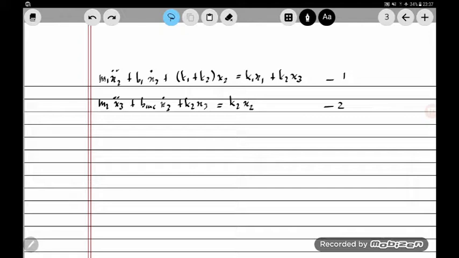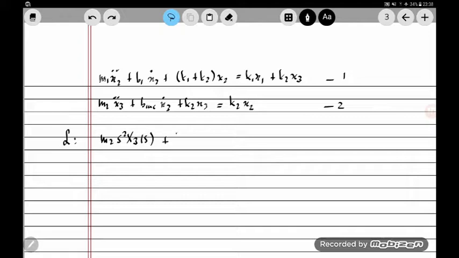Okay, so of course the first step when you approach this problem is to take the Laplace transform of the equation. In this case we start off with equation 2, so let's do that. If we do that we get m2 s squared x3 of s. We assume the initial conditions in this problem are 0.